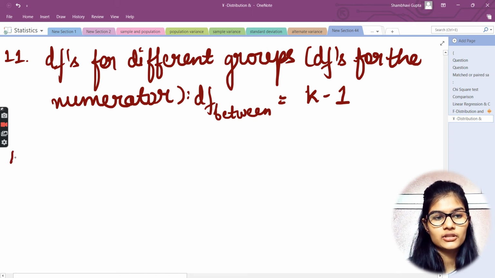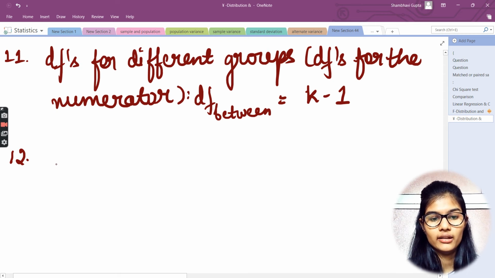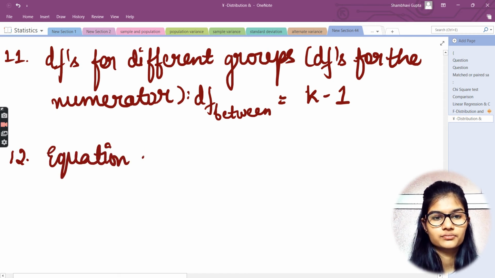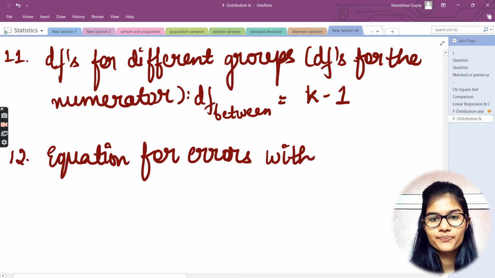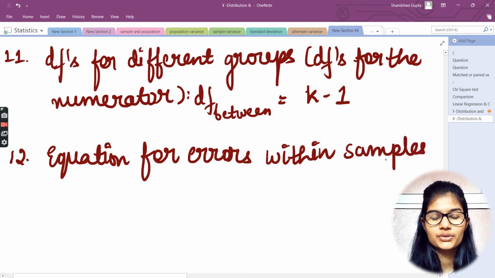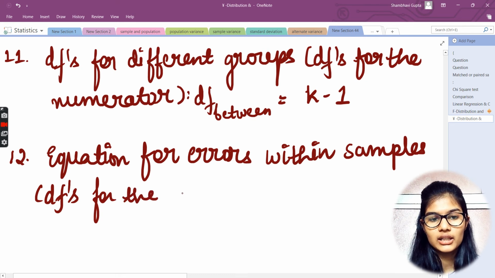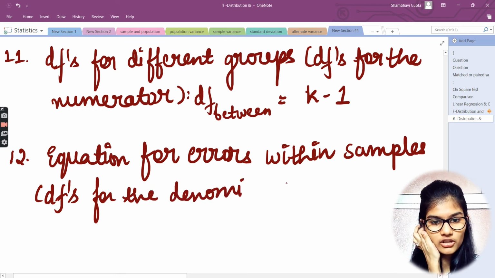Next, coming to number 12, we have the equation for errors within samples, and that is basically the DFs for the denominator.